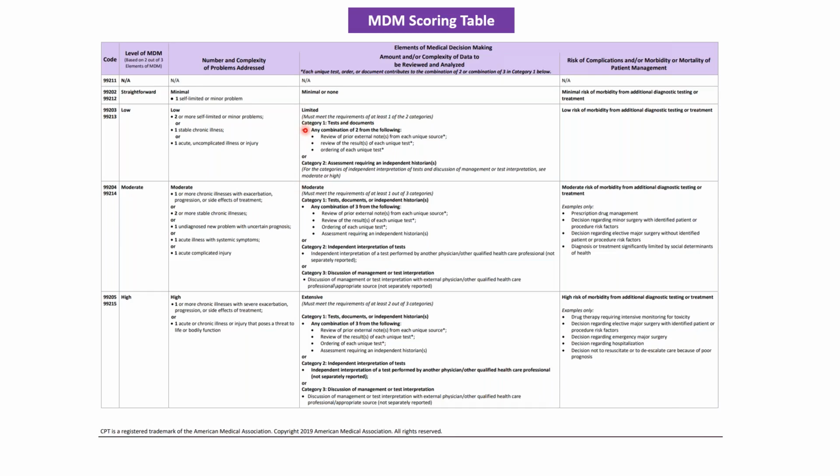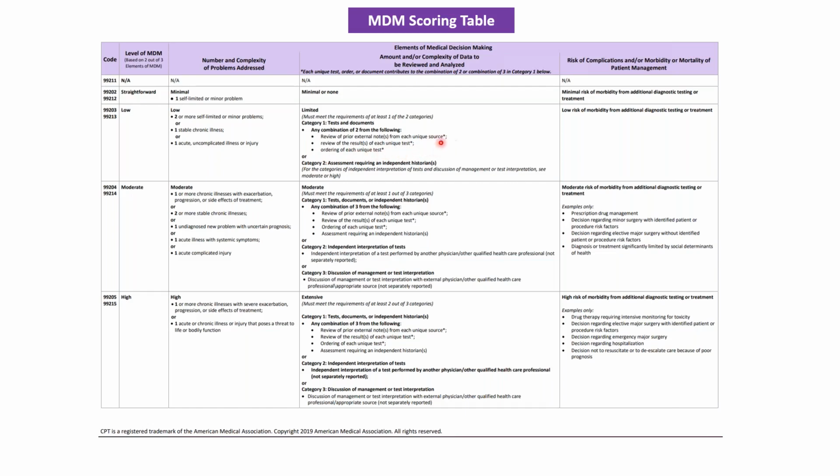In the first category, the test and the document, any combination of the following: review of prior external notes from each unique source, review of the results of each unique test, ordering of each unique test.